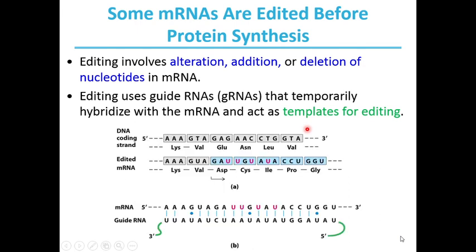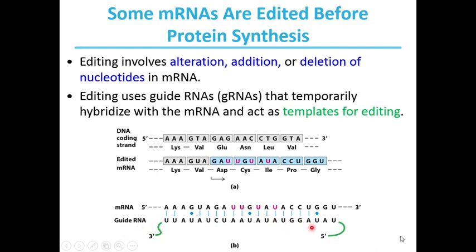A post-transcriptional editing process is shown here. In the post-transcriptional editing process, 4 uracil residues are inserted into the edited mRNA, as shown here. Now, the base pairing between GU, as shown in this interaction between the mRNA and guide RNA, is pretty common in RNA.